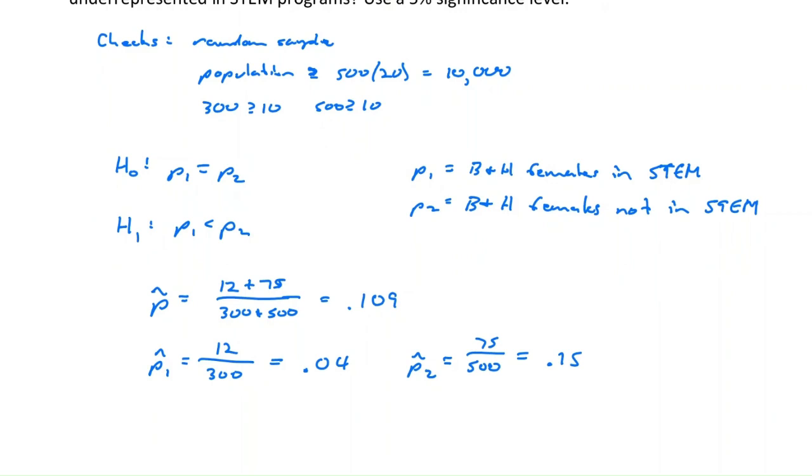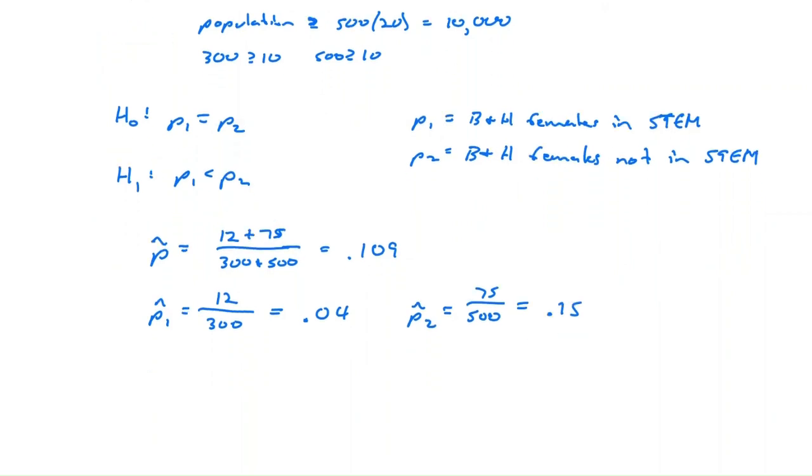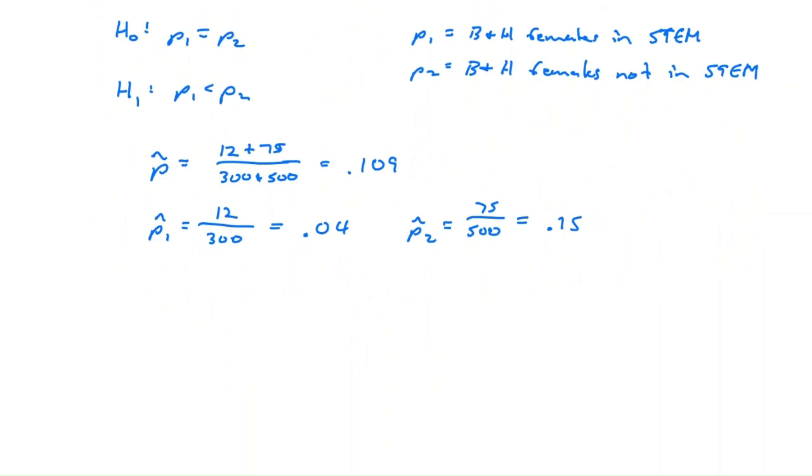So again, just right here, we have some evidence that they are underrepresented, right? If I look at the demographics of those in the STEM program, only 4% are Black or Hispanic females. If I look at the demographics of those not in STEM programs, 15% are Black or Hispanic females. So we clearly see a difference in the data here. Again, the question is, is it statistically significant? So let's go ahead and find Z.